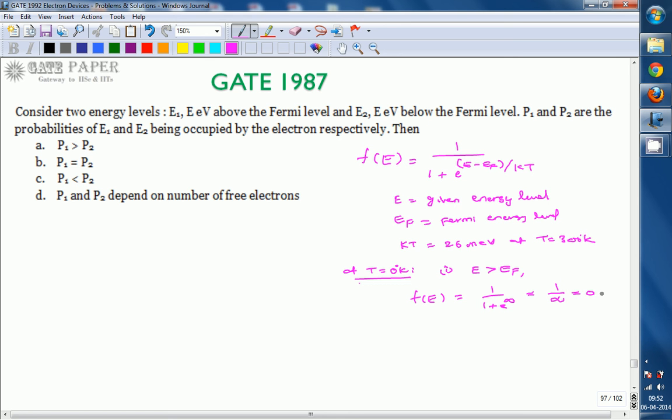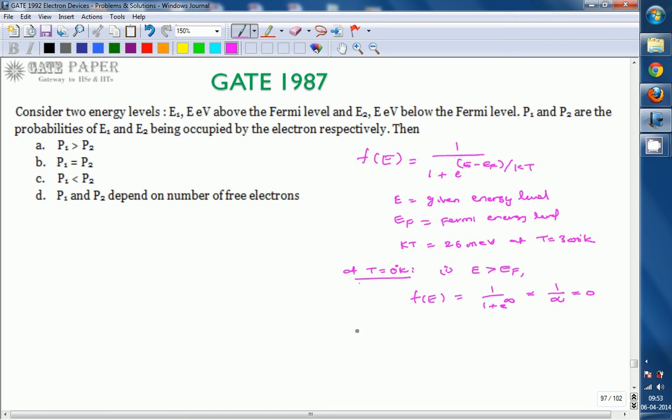So f of E, the probability of an energy level E being occupied by the electron, is 0 if it is above EF. Remember that. So all energy levels above the Fermi level are empty energy levels.